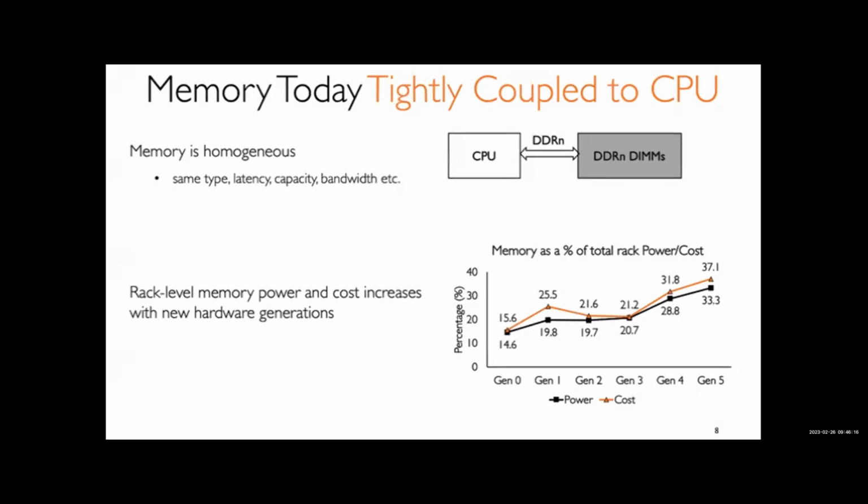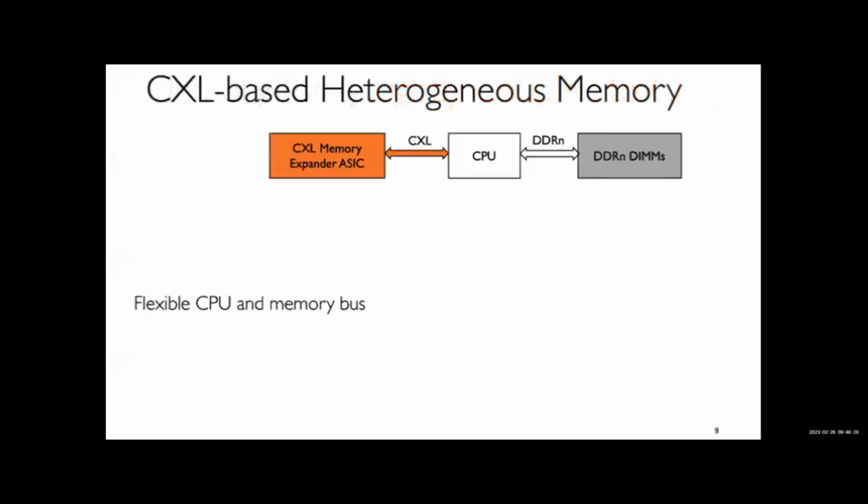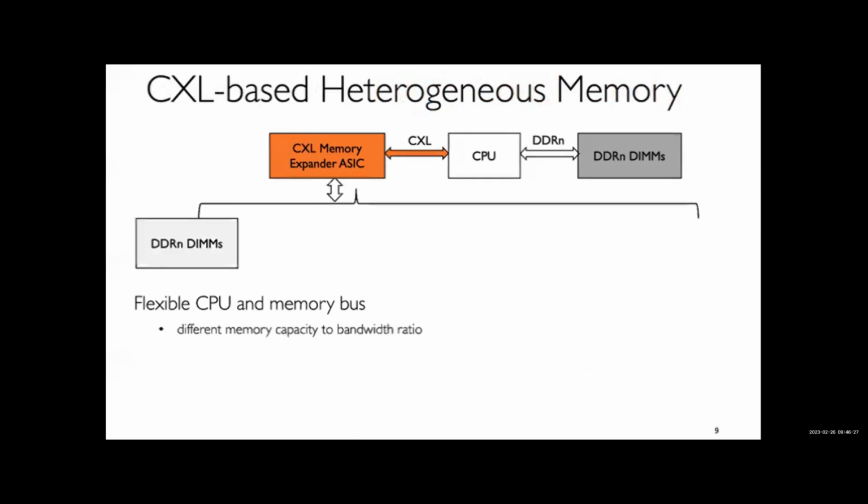So CXL enables fine-grained server design by providing a flexible interconnect between CPU and memory. Through CXL interconnects, memories of different DDR generations can coexist together and enable different capacity to bandwidth ratios.